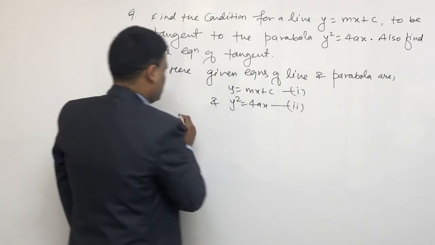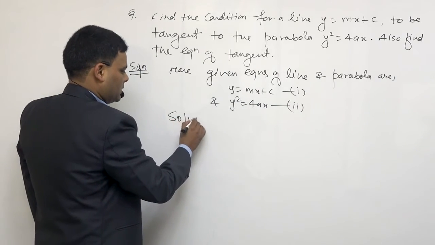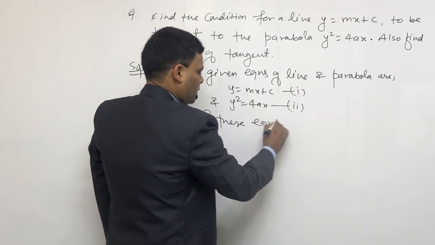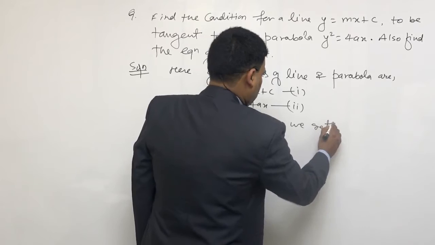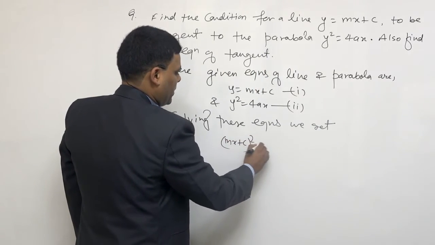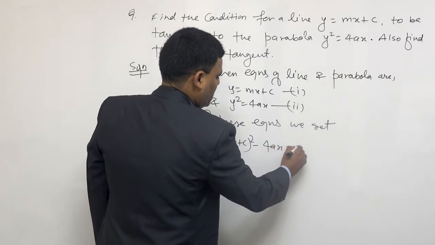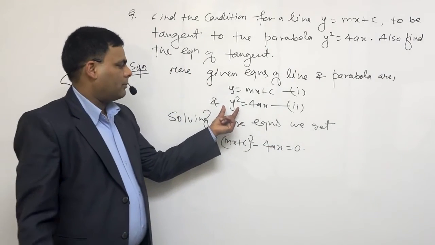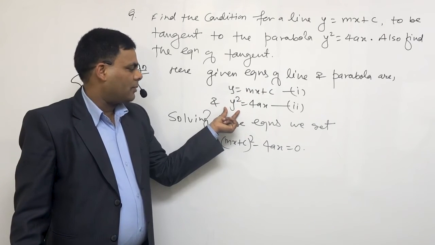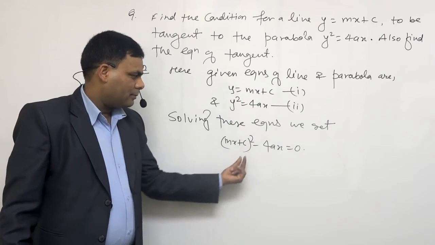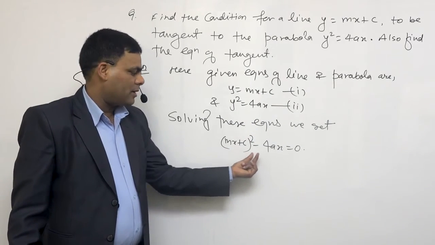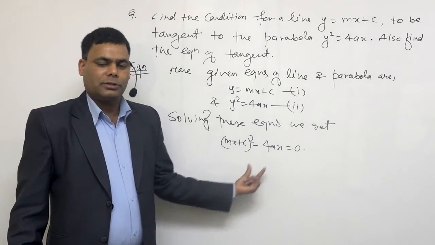Number 2, solving these equations we get (mx plus c) whole square minus 4ax equals 0. यहाँनिर y को ठाउँमा हामीले mx plus c को भ्यालु राखिदियौं, त्यो गर्दाखेरि mx plus c को होल स्क्वायर भयो, अनि यो 4ax लाई लेफ्टमा ल्याऊ, त्यसपछि (mx plus c) whole square minus 4ax equals 0 हुन आयो.